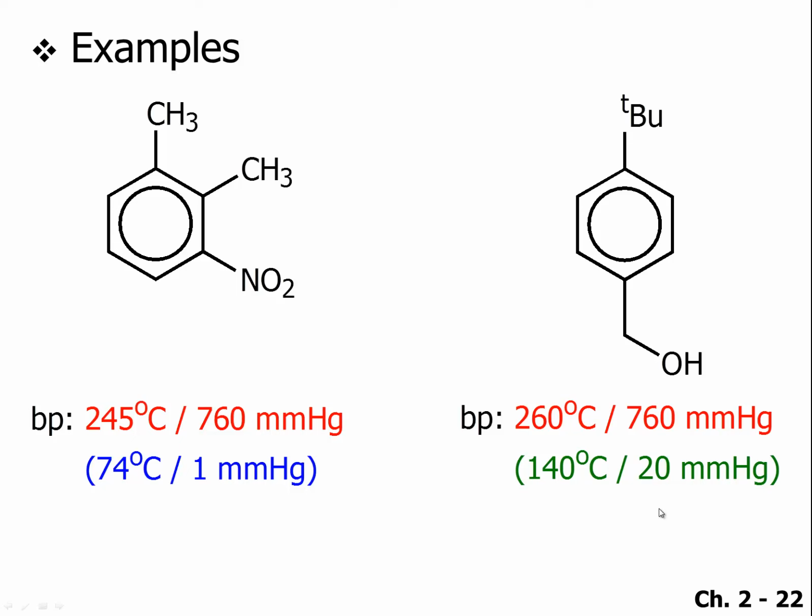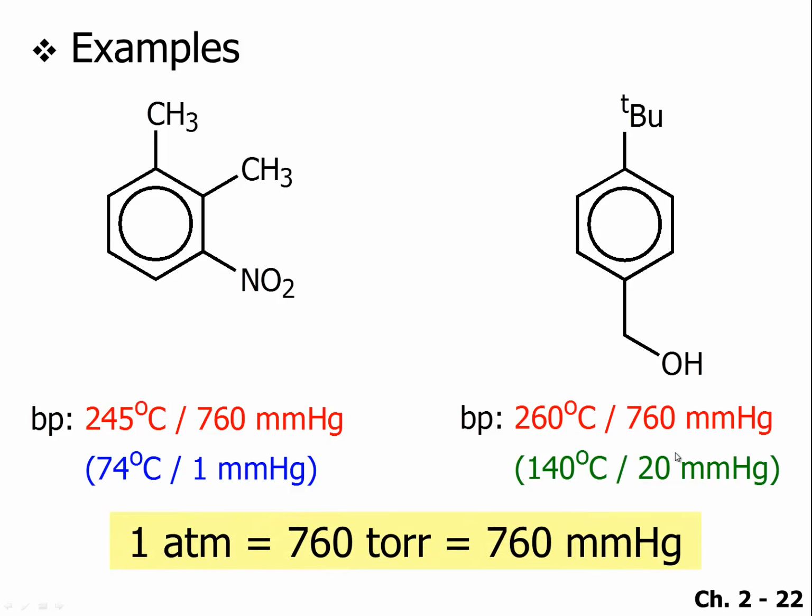So here we have atmospheric pressure, 760 millimeters of mercury. That's essentially the same as 1 atmosphere, right? So here we have just regular atmospheric pressure. But say, for instance, we drop the pressure. If we drop the pressure, we also end up dropping our boiling point.